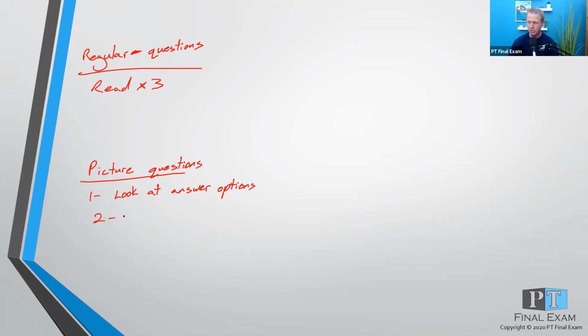And then step two, review the image. So that's the only time I'd have you cover the question, so to speak. If you know it's an image, you see the image, don't bother analyzing the image until you've looked at the options, and then you can look back at the image and see what it is you're looking for in the image.